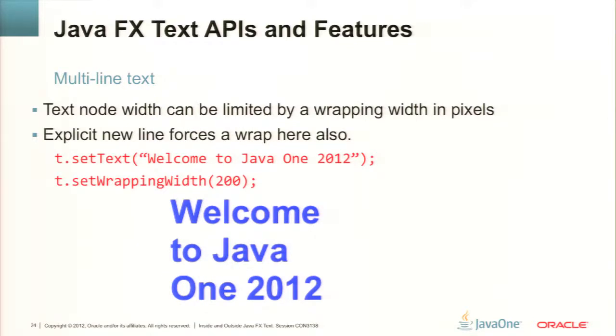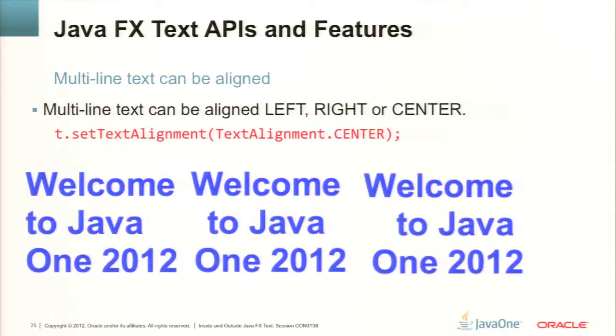I set 200 pixels here, and this slightly longer string wraps at 200 pixels, regardless of whether there was a new line. But if there was a new line, it would wrap immediately when it hit that new line and start again. And we can align multi-line text. So here you can set left, right, or center, and I think it's pretty obvious which is which there, I hope.